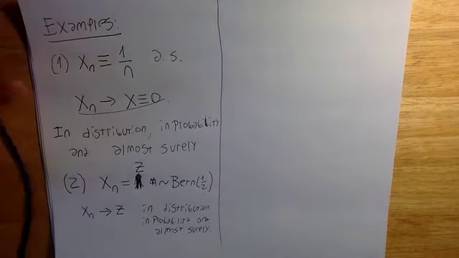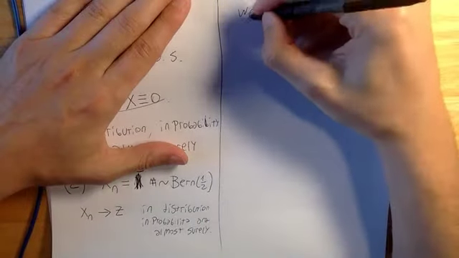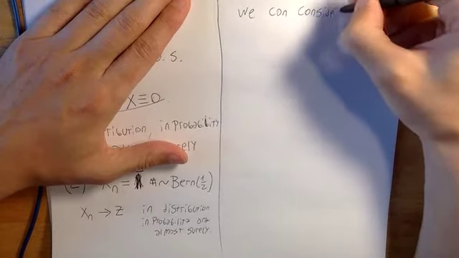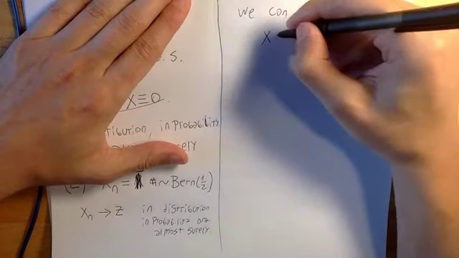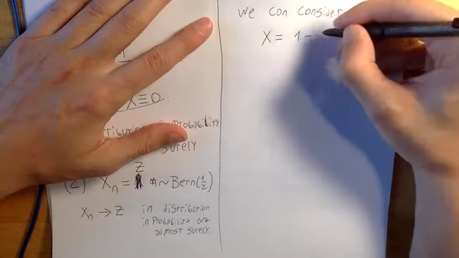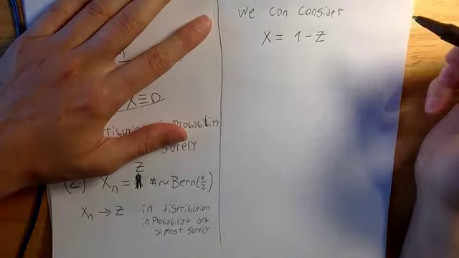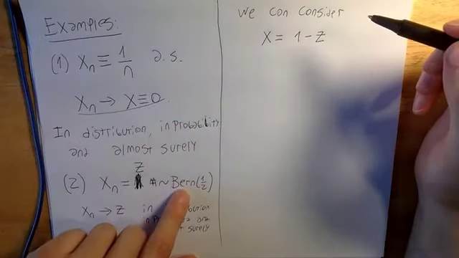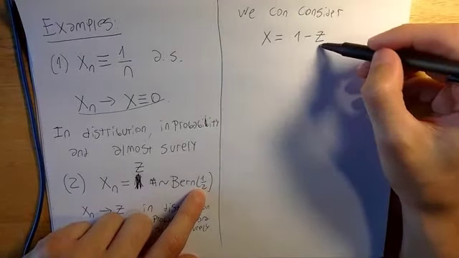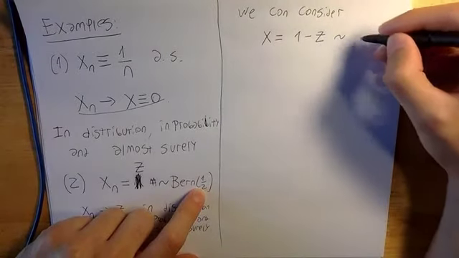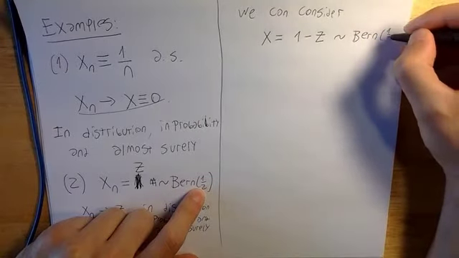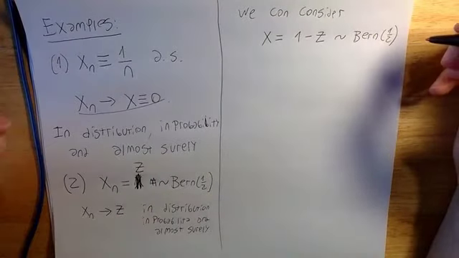But also we can consider x, which is equal to 1 minus z. If we take a Bernoulli variable with parameter 1/2 and we take 1 minus z, this is still distributed as a Bernoulli variable with parameter 1/2.